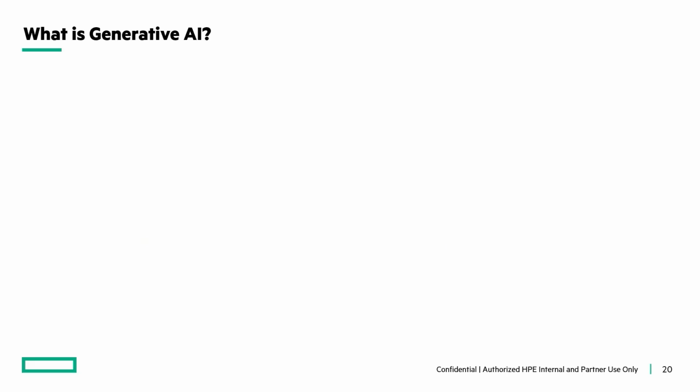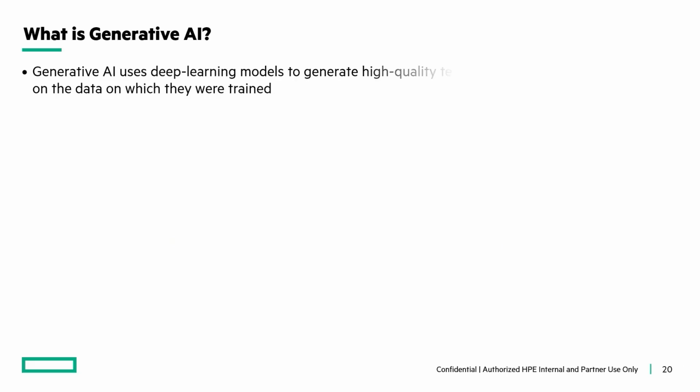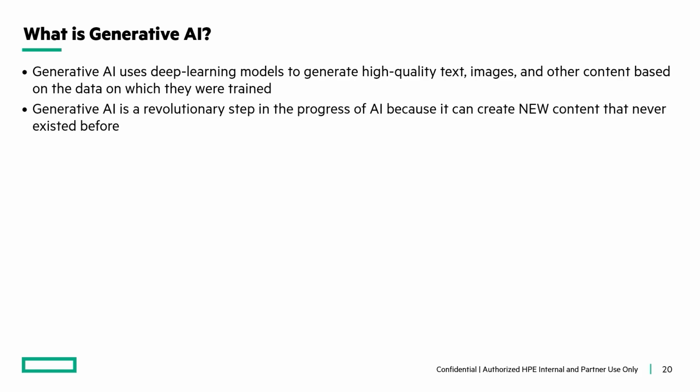Separate from that, what is generative AI? Generative AI uses models, it could be text, could be images, could be video, that have huge amounts of content that they're trained on. But this is the important point. They're revolutionary because they create new content that never existed before.